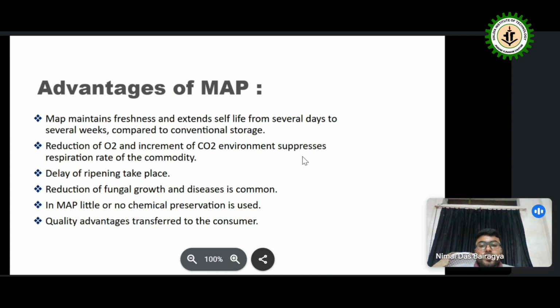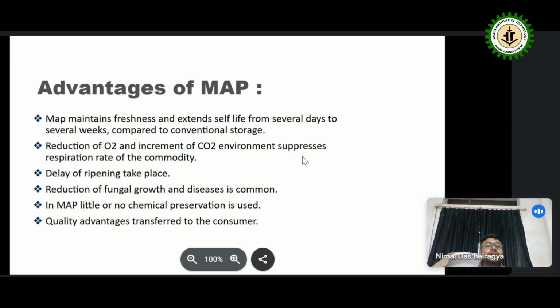So what are the advantages of modified atmosphere storage? At first, to increase the shelf life, modified atmosphere storage is perfect, because we already know that its shelf life is far more than the traditional method.